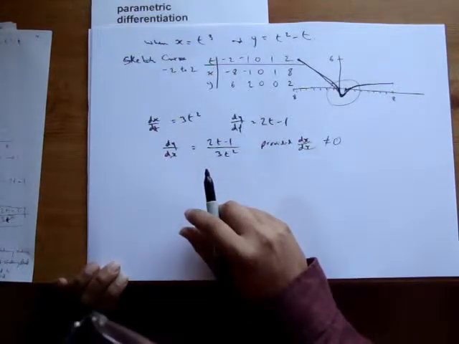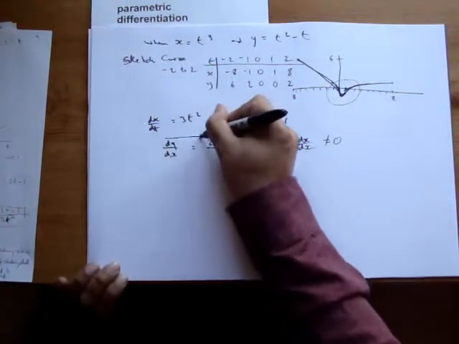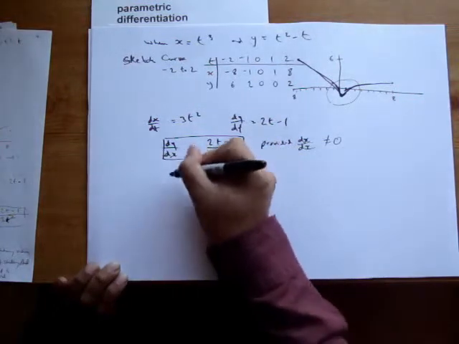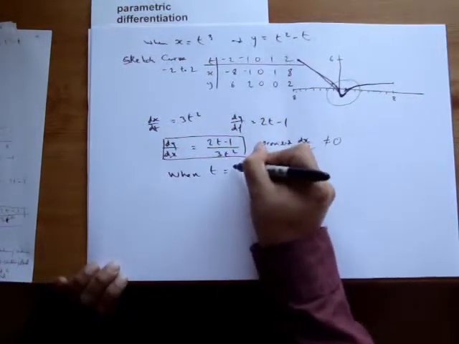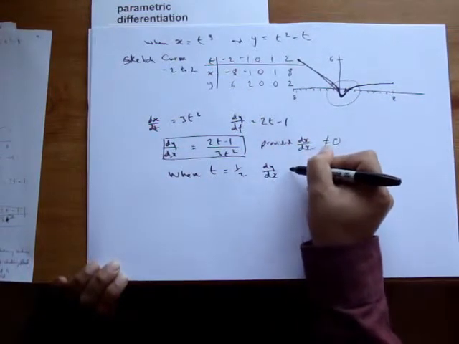Right, so from this parametric differentiation, when t equals a half, dy by dx equals 0.